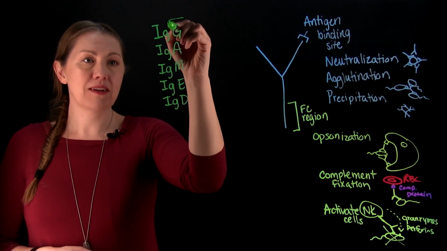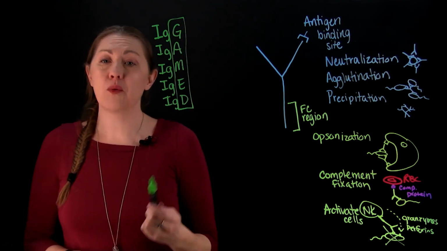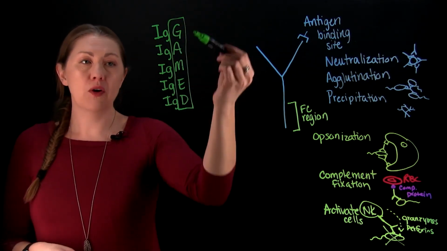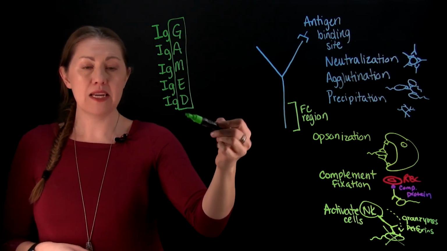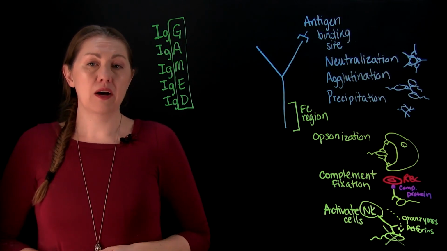It's GAMED. Did we all see that? When you can organize things in a way that pulls a pattern out, GAMED, G-A-M-E-D, gets you all of the different varieties of your antibodies.